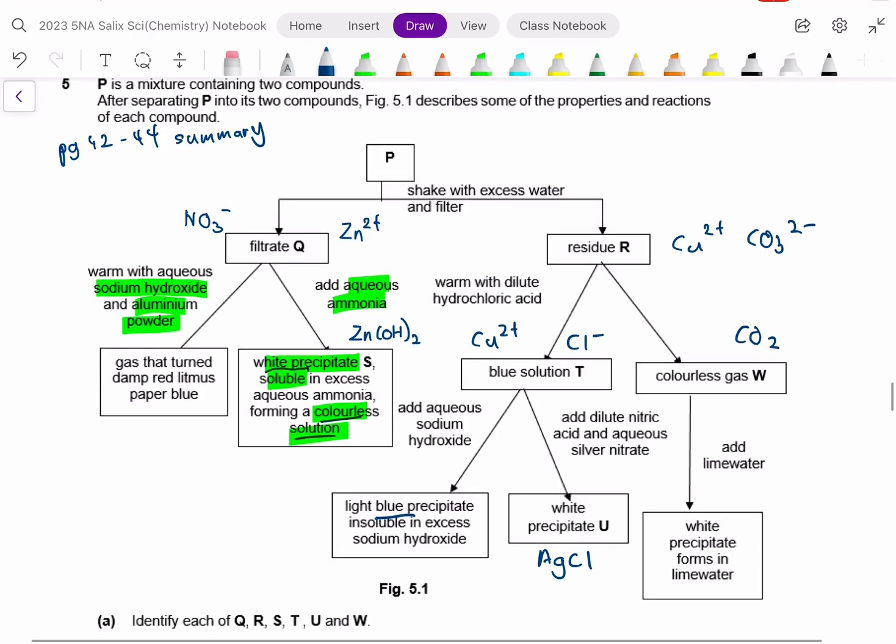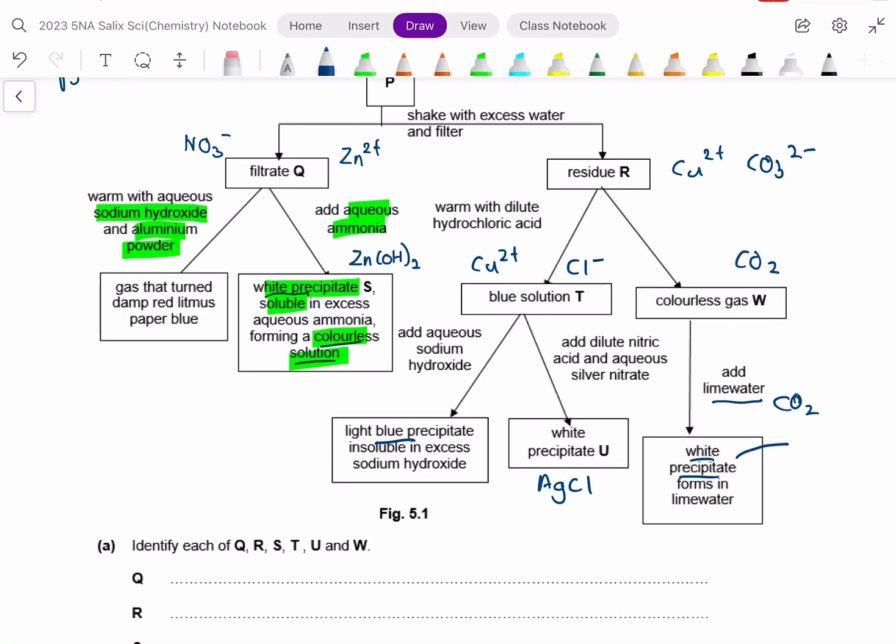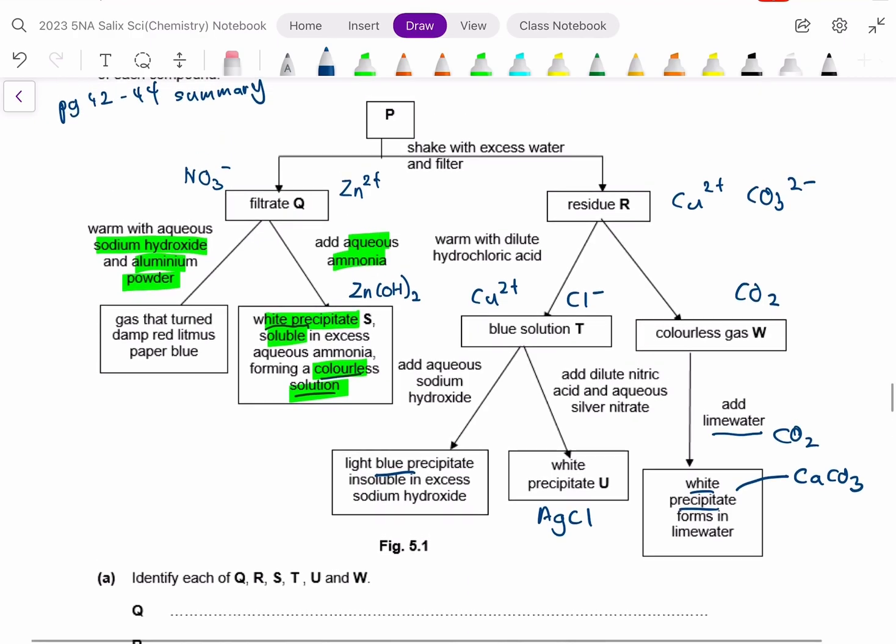Next, you have the residue. Warm with dilute hydrochloric acid, you get a colorless gas W. This one is lime water, then you have a white precipitate. So this gas is CO2, but for revision purposes, the white precipitate is calcium carbonate.